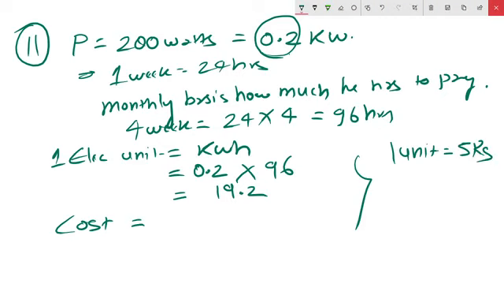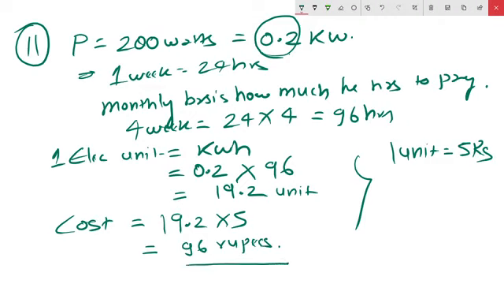So if they are consuming 19.2 units, then 19.2 into 5 will become around 96 rupees.